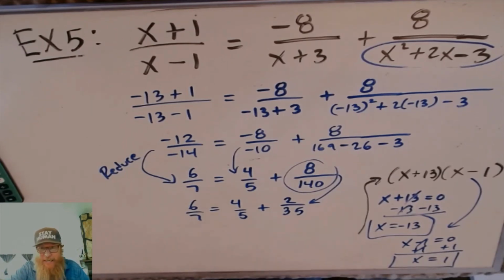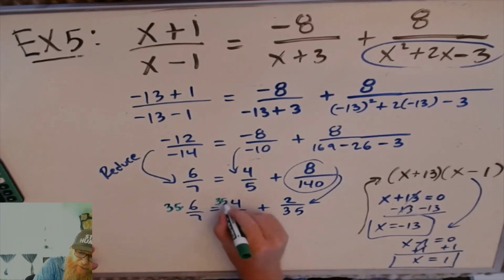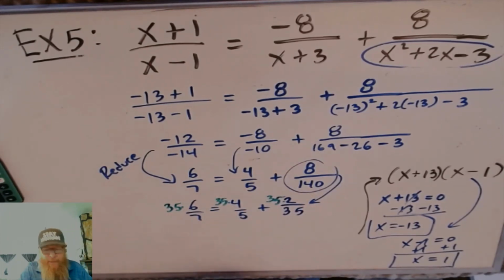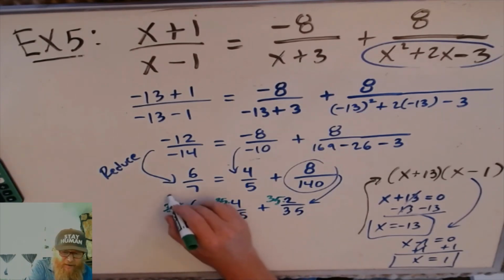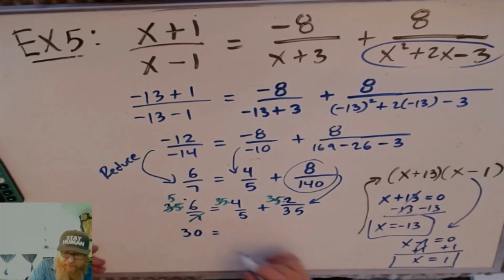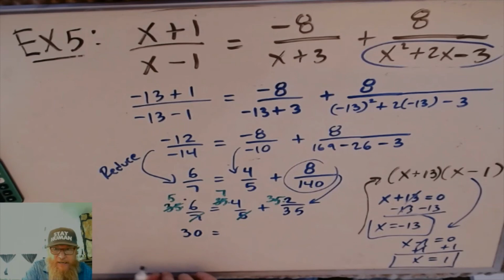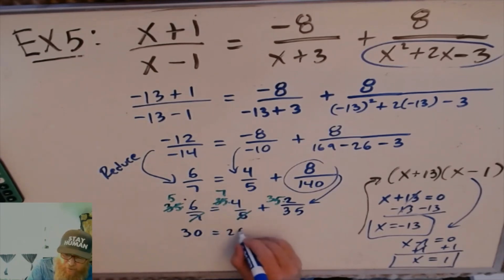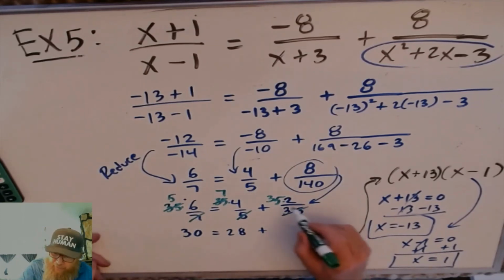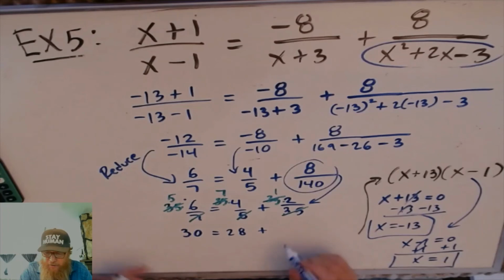The LCD is 35. So just multiply everybody by 35. Yeah. 7 goes into 35 5 times. 5 times 6 is 30. 5 goes into 35 7 times. 7 times 4 is 28. 35 goes into 35 one time. 1 times 2 is 2.